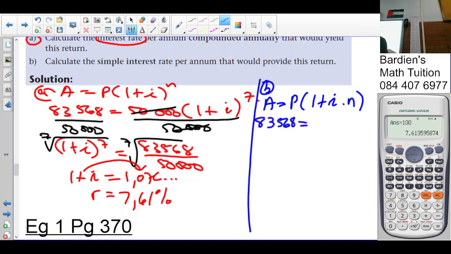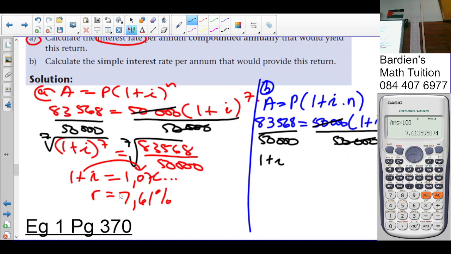83,568 Rand. The P value is 50,000 Rand, into 1 plus i, which is what I'm calculating, and n is your time, which is 7 years. So what do I do first? In pursuit of calculating i, I divide by 50,000 Rand both sides. Okay, so I've got 1 plus i times 7 is equal to 83,568 over 50,000.